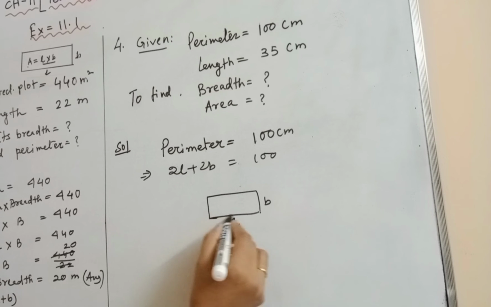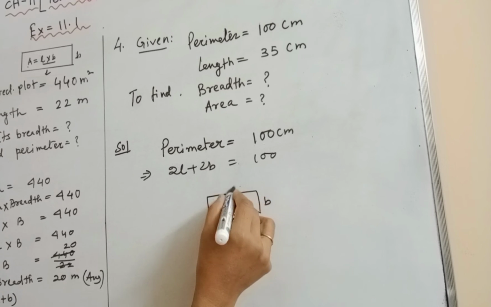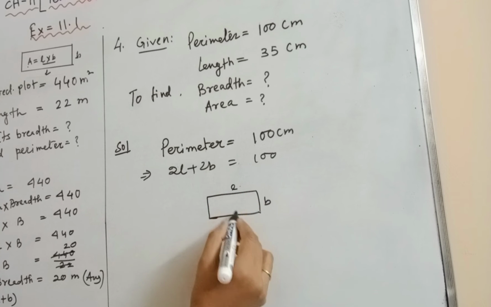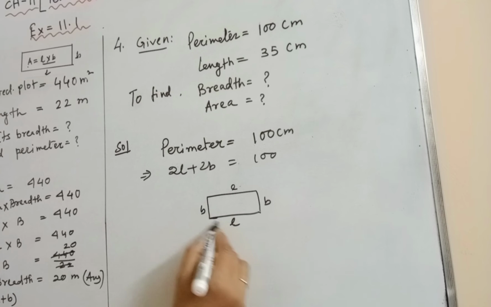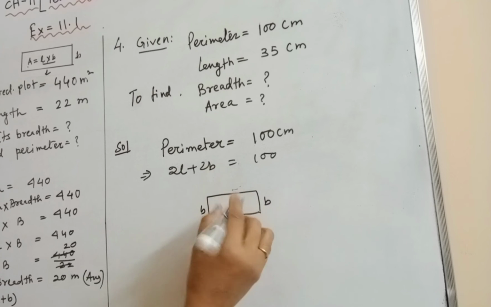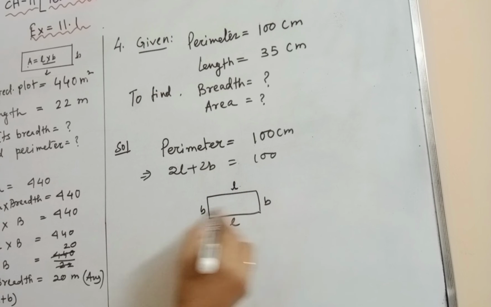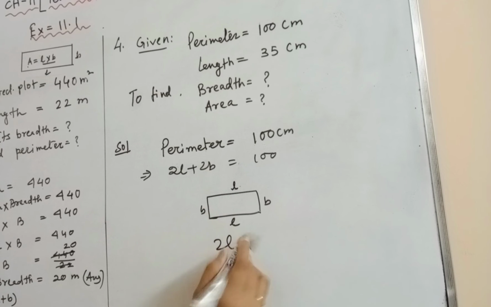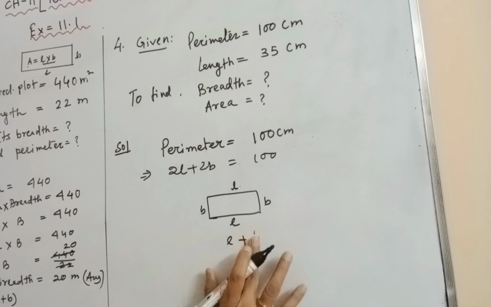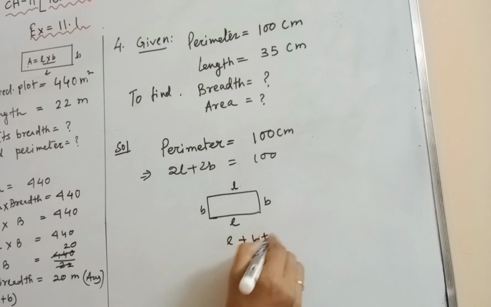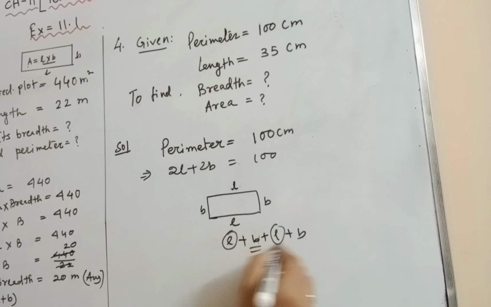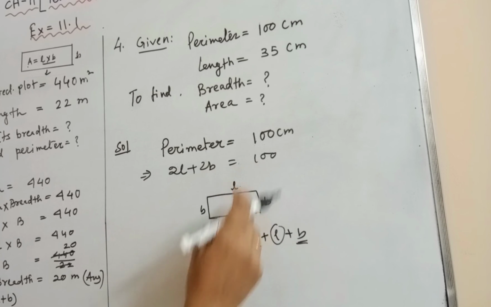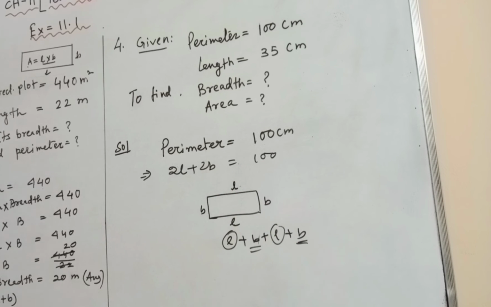So this one is L plus B, then this is also L; opposite sides of the rectangle are equal. So these are L and these are B. So what I can see is 2L plus 2B, or you can write L plus B plus L plus B. So you can see that 2L plus 2B is equal to perimeter. Understood?